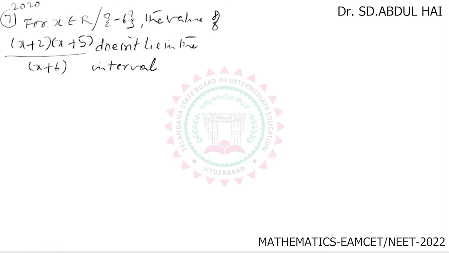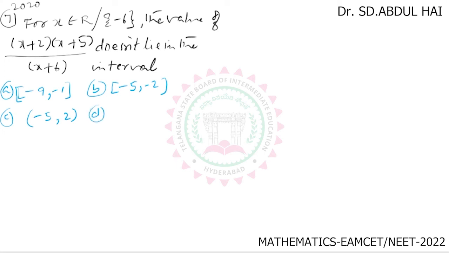The options are, the first option is minus 9 comma minus 1. Second option is minus 5 comma minus 2. Third option is minus 5 comma 2, open interval. And the last option is minus 9 comma minus 1, open interval.